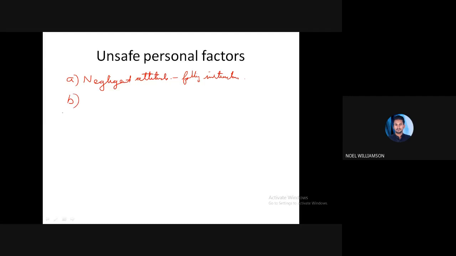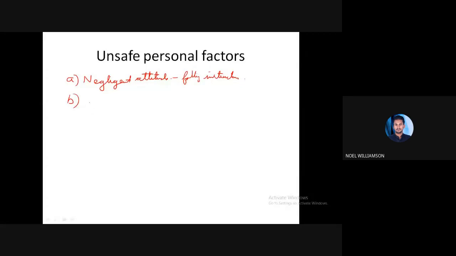The next one is not neglecting, but due to his ignorance or lack of knowledge or carelessness or sometimes forgetfulness, certain accidents may occur.